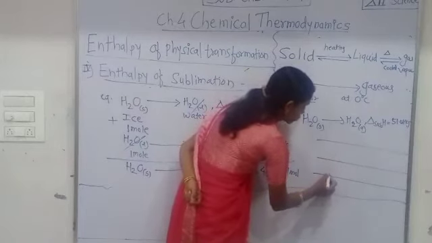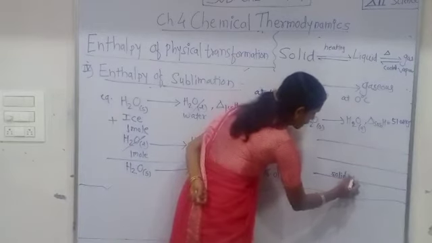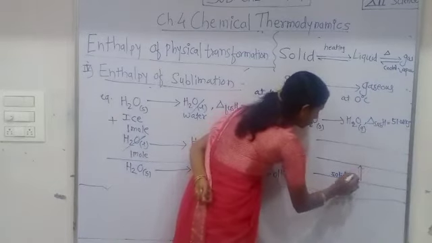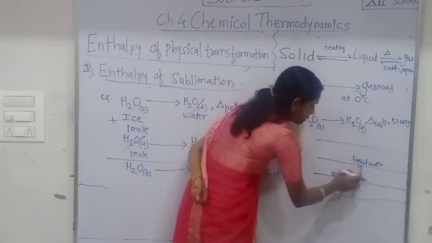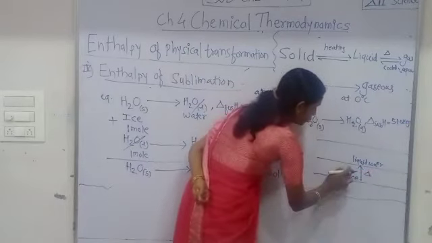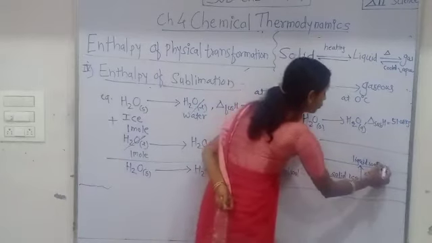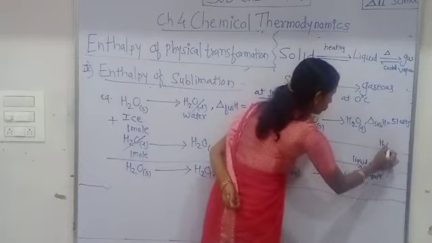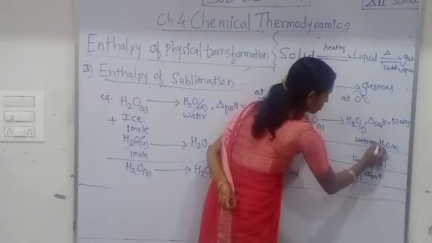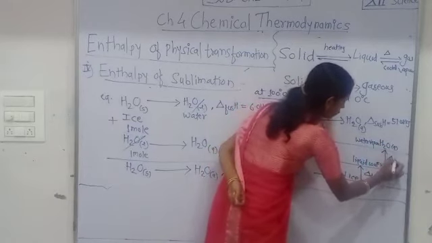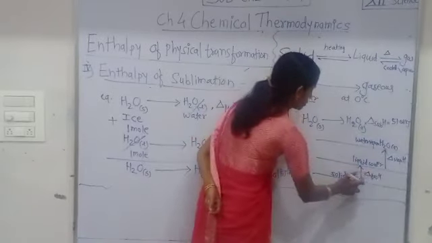See here, H2O in solid state, solid ice, is converted into liquid water, and the enthalpy which is related with that process is the enthalpy of fusion, and then liquid water is converted into water vapors, and that process is the enthalpy of vaporization.